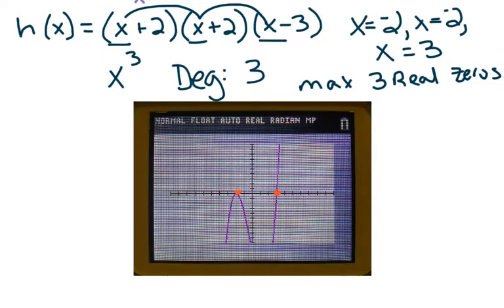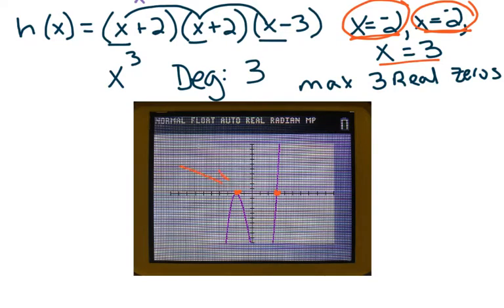So we set up here that we had 3. Well, negative 2 and negative 2 is the same number. At negative 2, instead of crossing the x-axis, it, what we call, bounces off of it. This is what we call in Algebra 2 multiplicity.